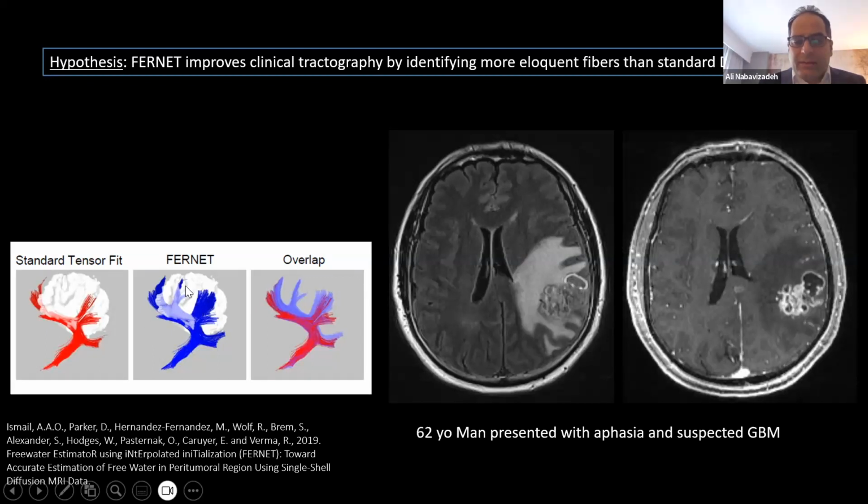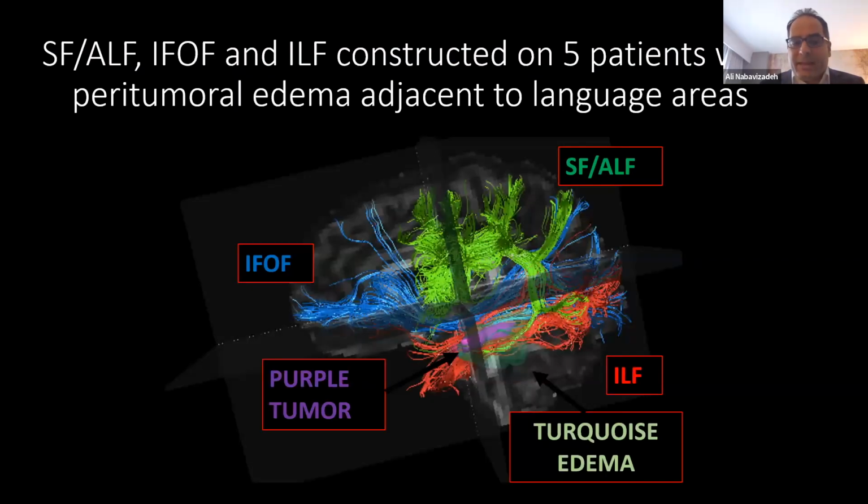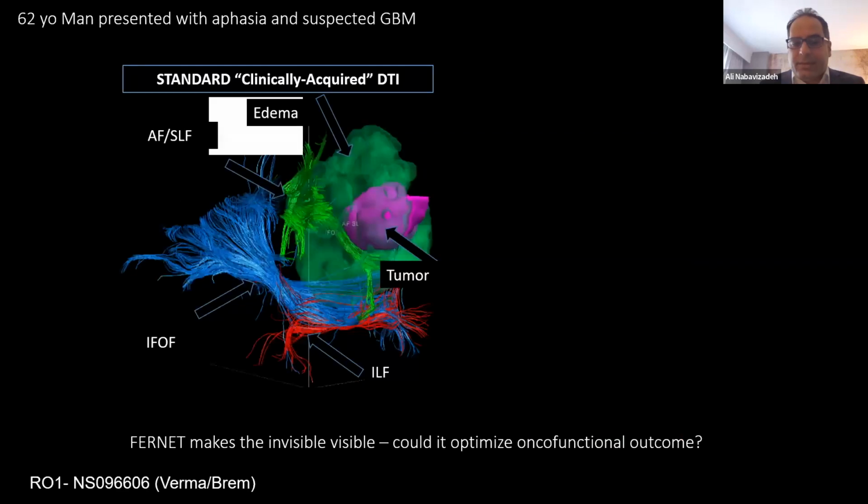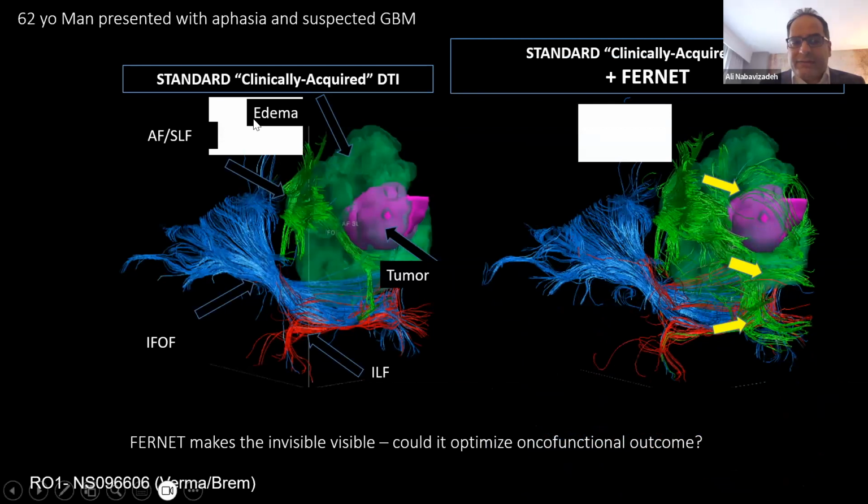As you can see, these fibers are additionally shown in more detail. You can see this patient with a left parietal suspected glioblastoma, and this is the standard tractography. Because of the marked edema surrounding the tumor, which is shown in purple, and the edema in green, you can see that the fibers stop when they reach the tumor area and the edema.